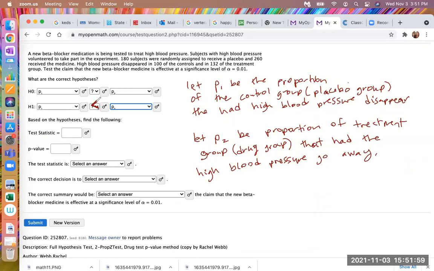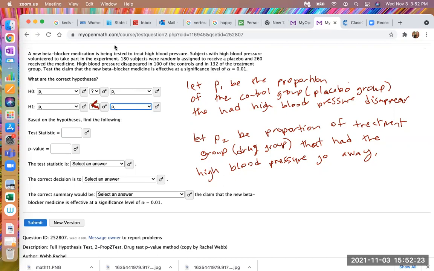So I want my alligator's mouth to be toward the proportion of people healed that were taking the treatment. Okay, so that's the area of my alligator's mouth.